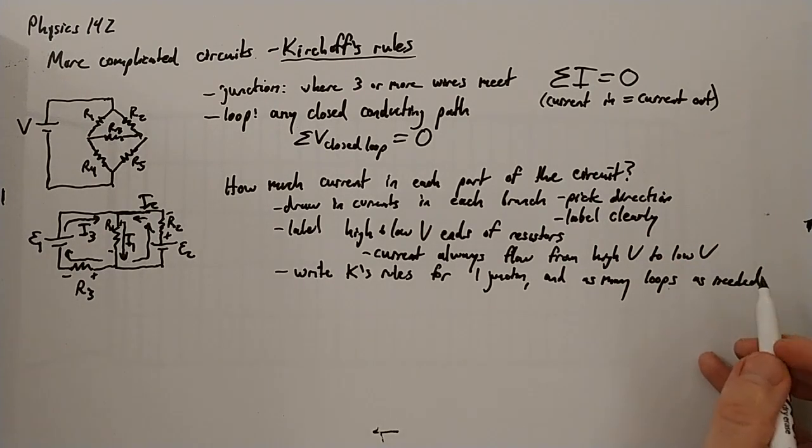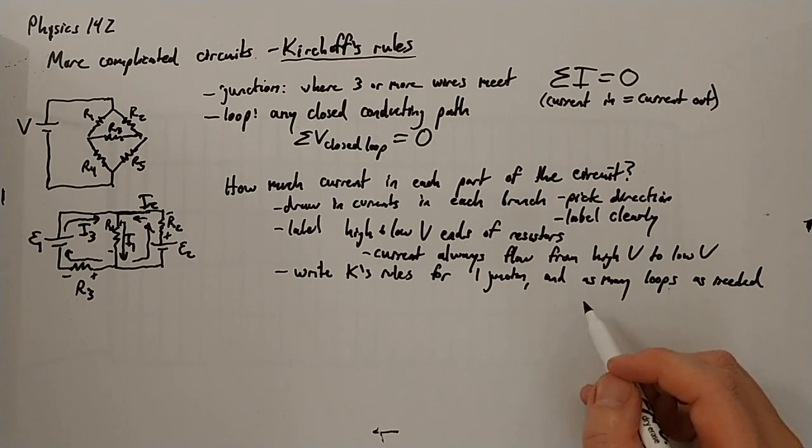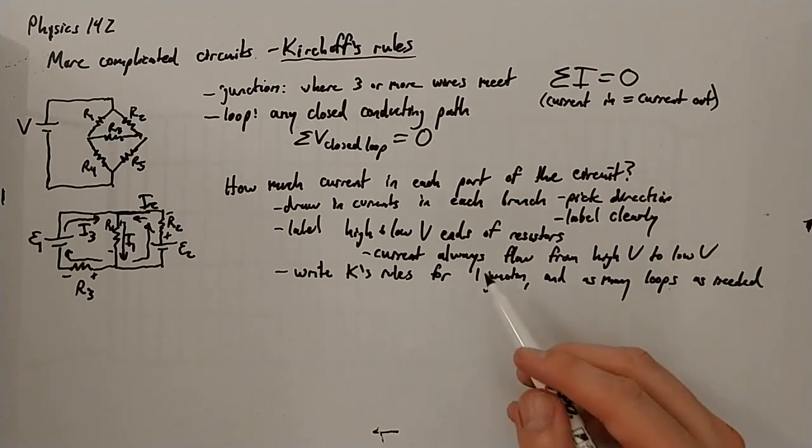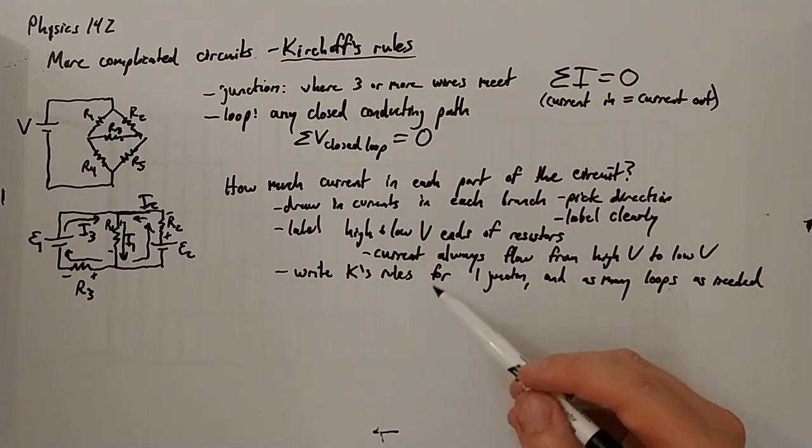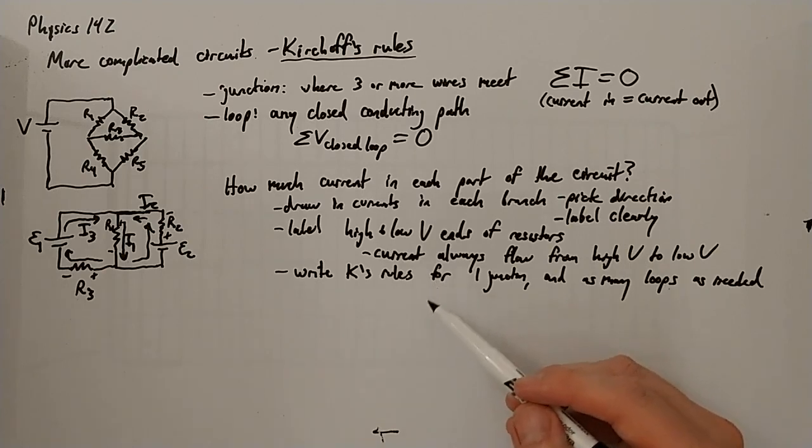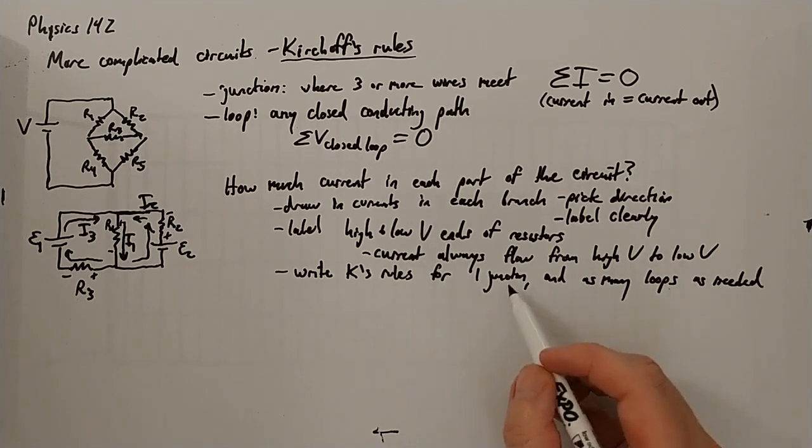There are sometimes cases where you might use multiple junctions, but usually multiple junctions will give redundant information. So let's write this down here and see what happens.